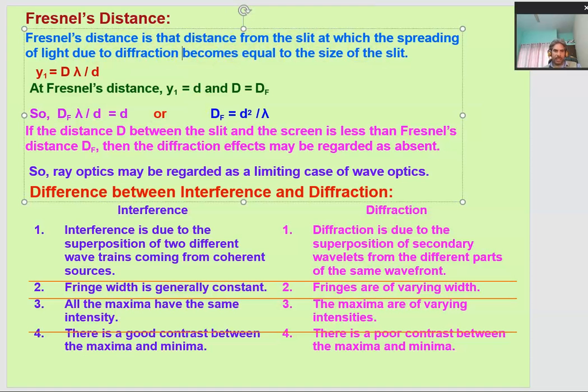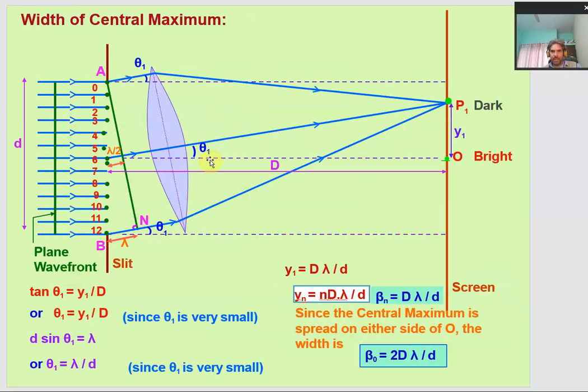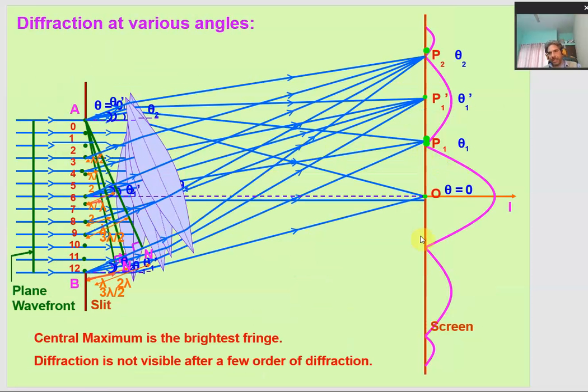So Fresnel distance is the distance of the screen from the slit, that means capital D. It will be such that the spreading of the light for the central bright fringe, so let me pose this picture, the central bright fringe, the spreading of the light from the center of the screen, this range, this distance, will be equal to the size of the slit, which is small d.